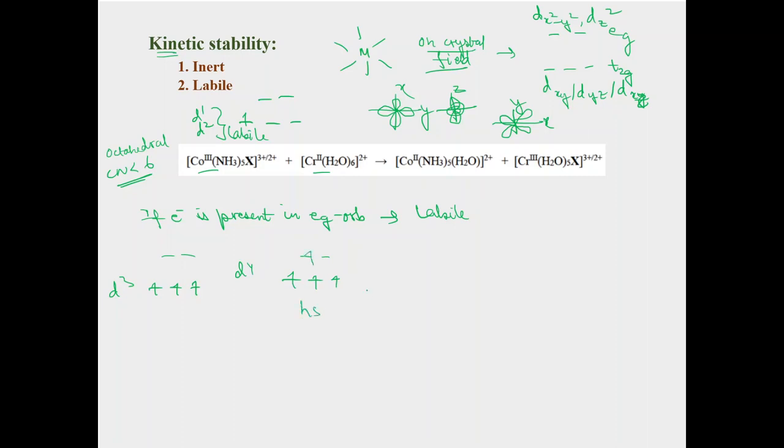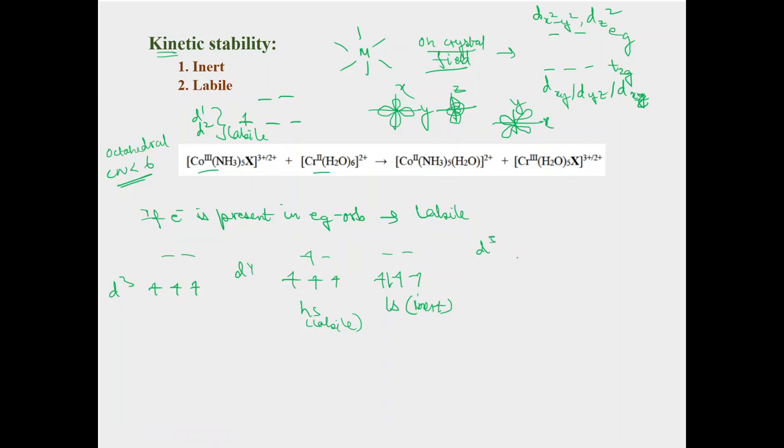If it is a high spin complex, it will be like this, whereas if it is a low spin complex, it will be like this. This low spin one is inert in nature, whereas this complex, as an electron is present in the Eg orbital, is labile in nature, and so on. I think you got it.